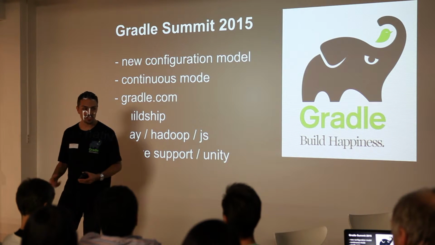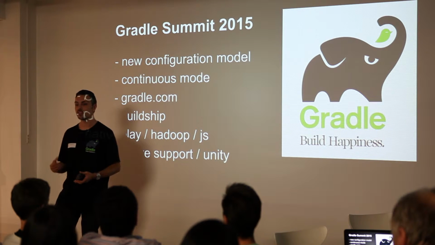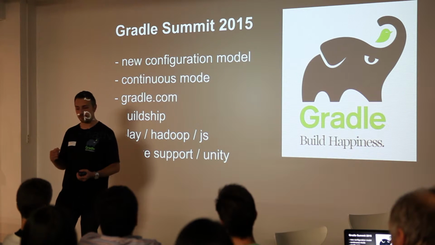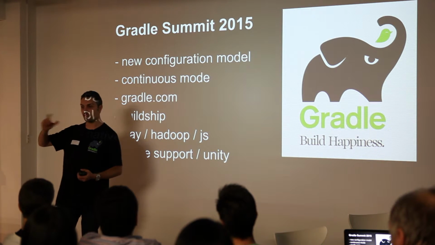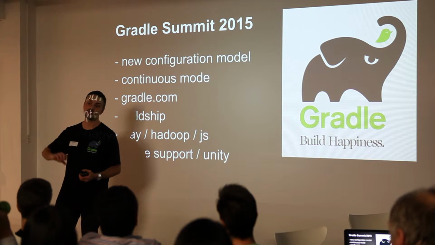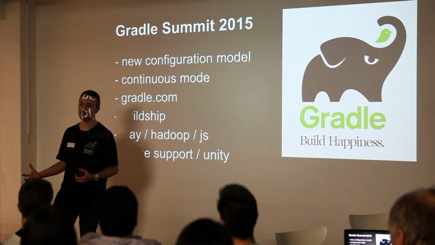The other advantage is that this new configuration model is meant to be immutable first, so that we can parallelize builds a lot better. If you use Gradle, there's a configuration step that happens every time you run Gradle. That configuration time, because everything's immutable, we can introspect the build really quickly and reduce that configuration time.